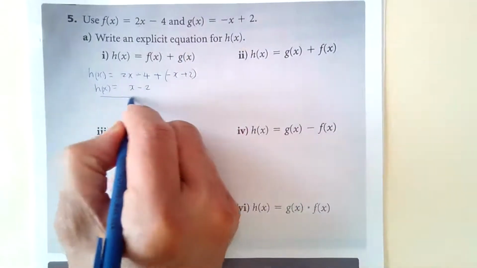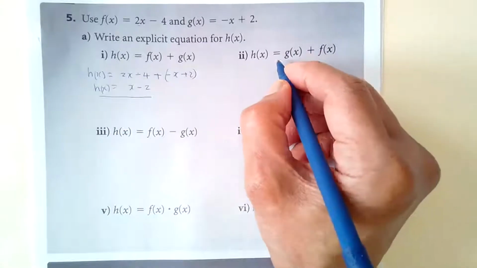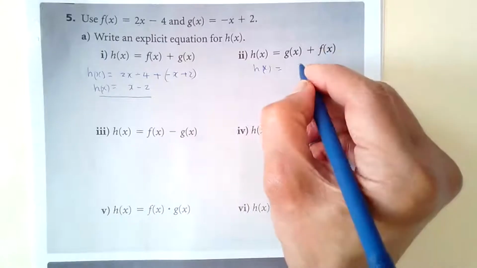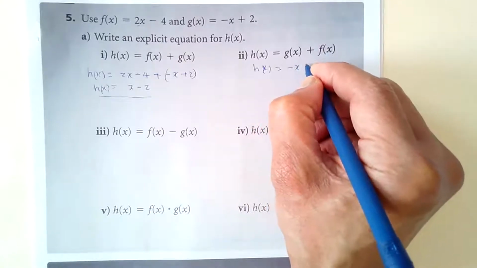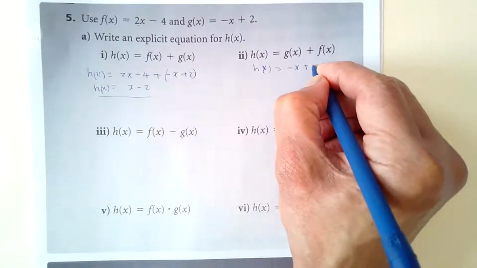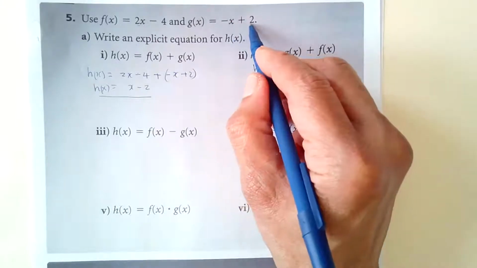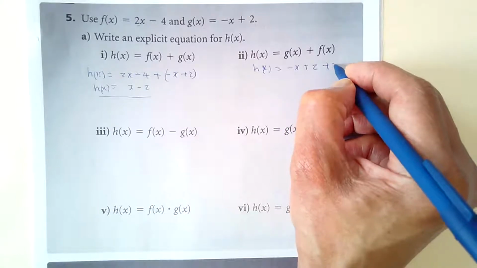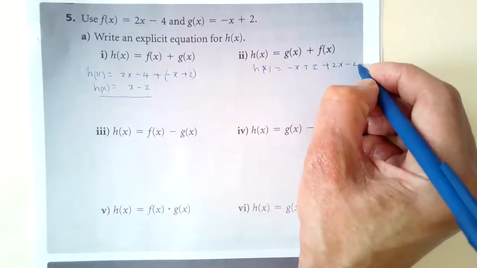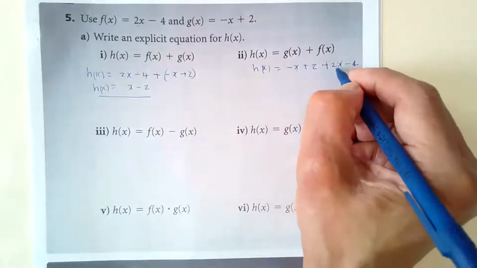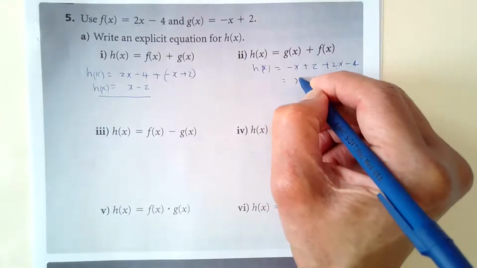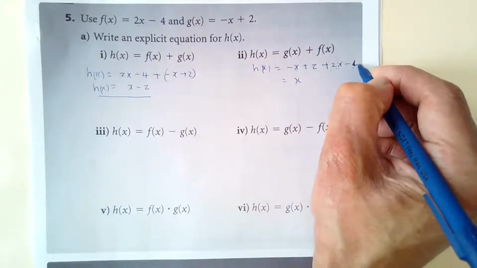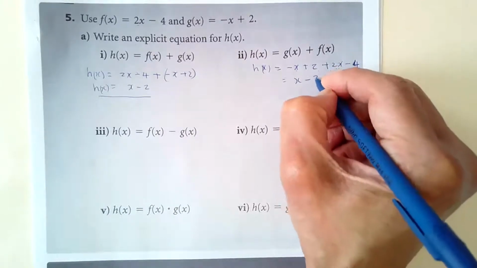Here I have h of x is equal to negative x plus 2, because that's my g of x, plus 2x minus 4. So minus x and 2x gives me x, and 2 minus 4 gives me negative 2.